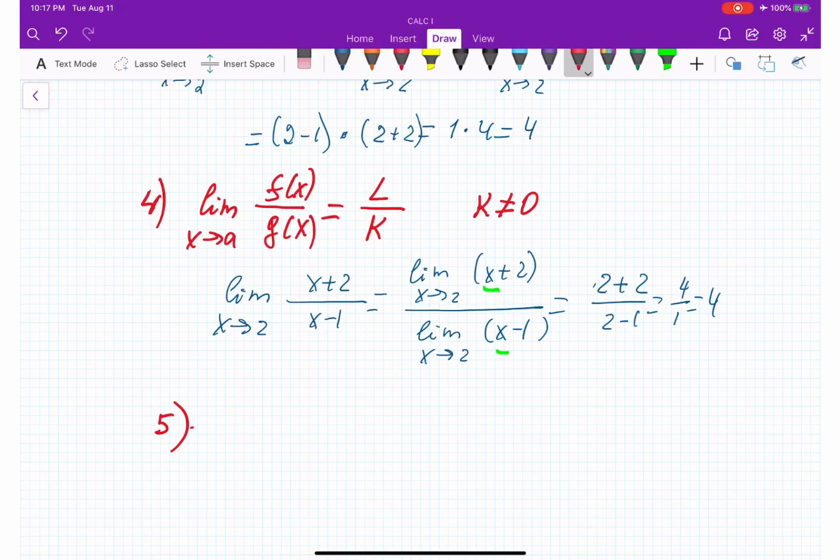The limit as x approaches a of f of x to the power n is equal to the entire limit, everything goes under and can be included under this power n, degree n.